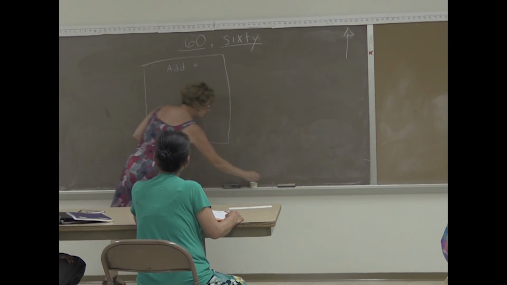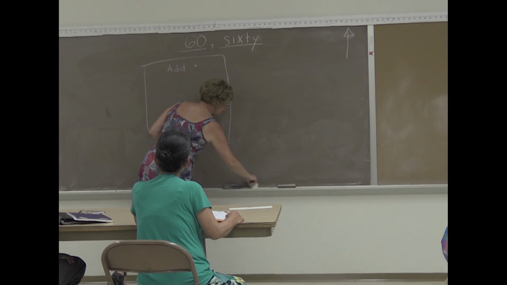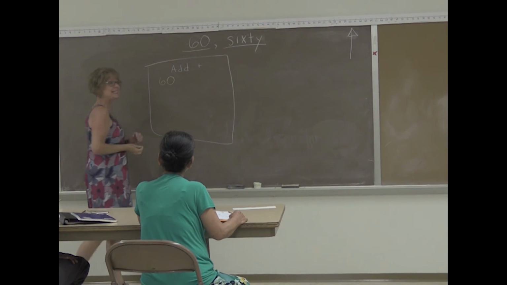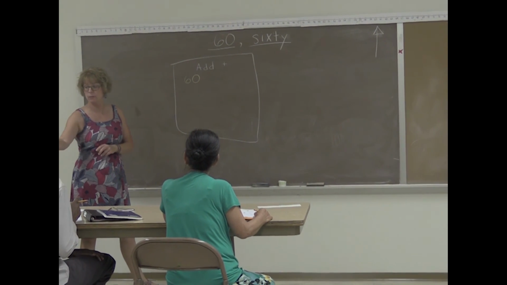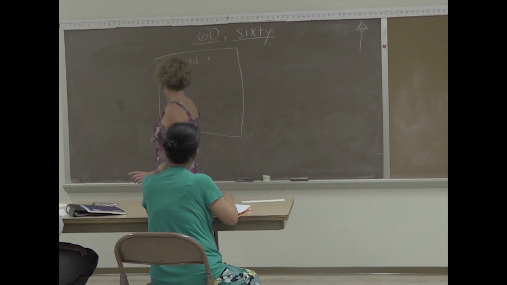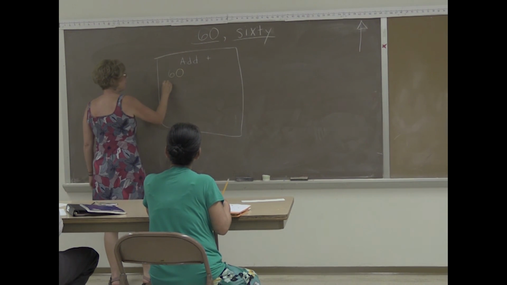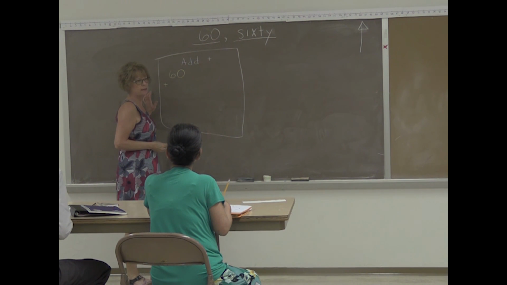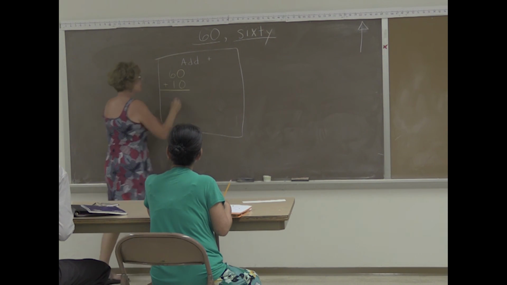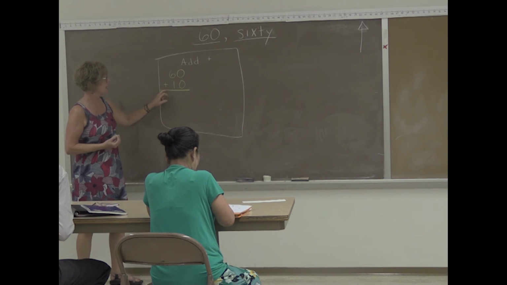We're going to start with the number of the day. So we're going to start with number 60. Okay, go ahead with your pencil and write number 60. And let's add one number together. What number should we add first? 10. So Abba said, let's do the math. 60 plus 10.